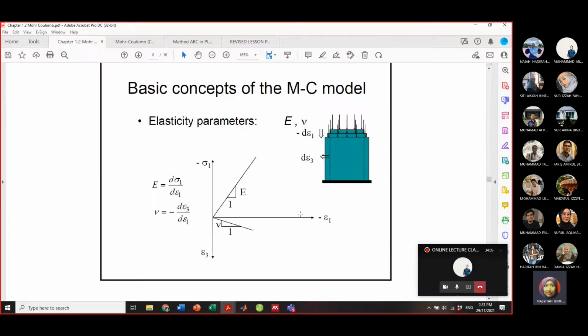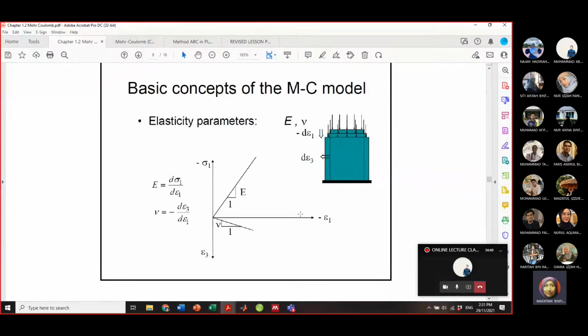In this elastic or linear zone, you need to determine the elasticity parameters. How do we get them, and what are the parameters related to elasticity?